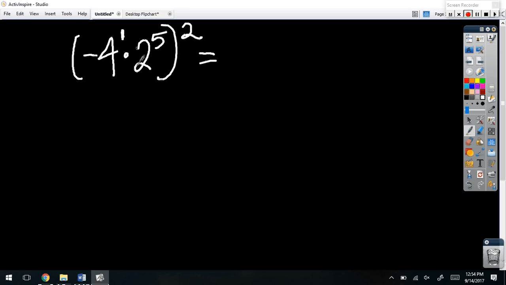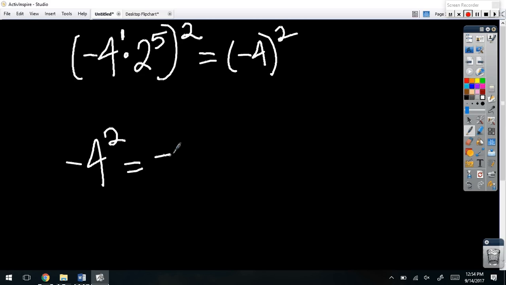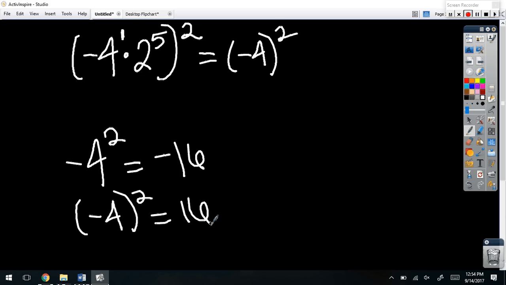Okay, and what happens to this 4? It will become positive. Do you agree with that? Do you see why I'm putting it in parentheses? That is negative 16. That is positive 16. You see the difference?